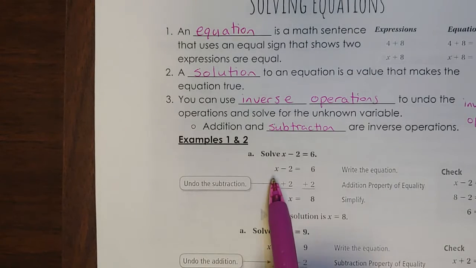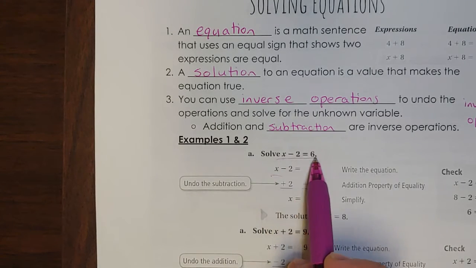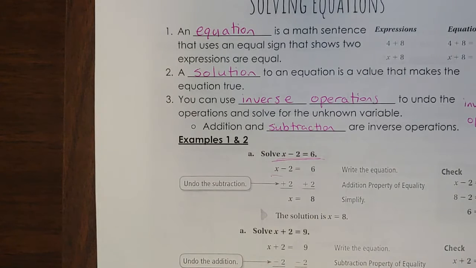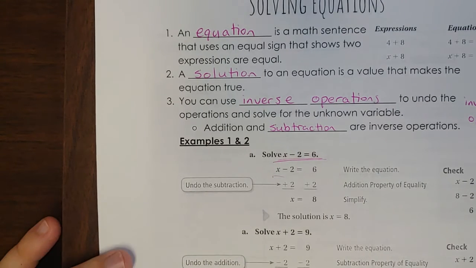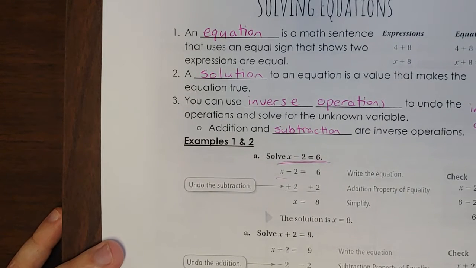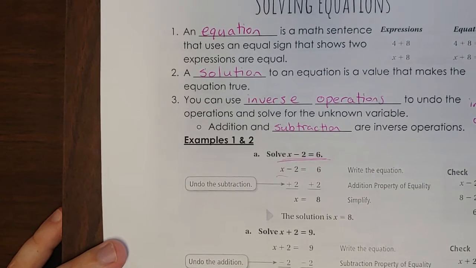It's in this equation right here. Which of these things is a variable? The x. X is our variable because remember, a letter can represent any number we want it to, right? So we want to get the variable by itself.